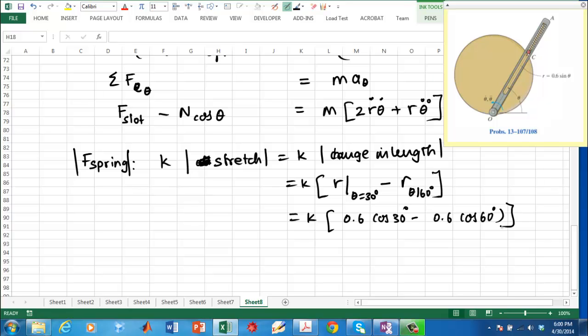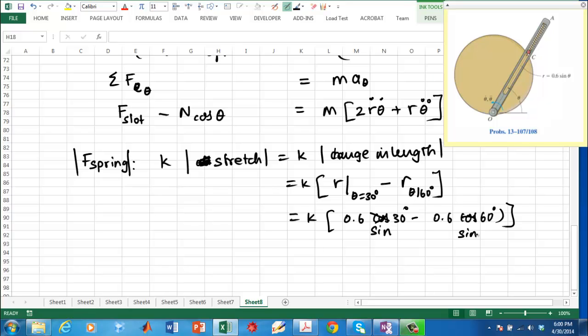That's pretty easy, you can calculate this. If you do that, you will get 0.6 times sine 30 degrees, sorry, not cos, it's sine, minus 0.6 times sine 60 degrees.